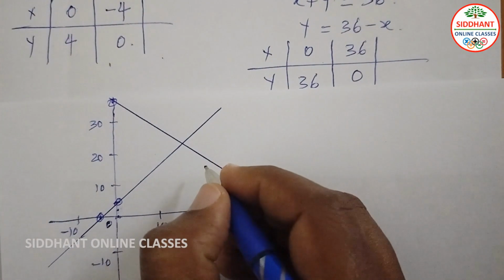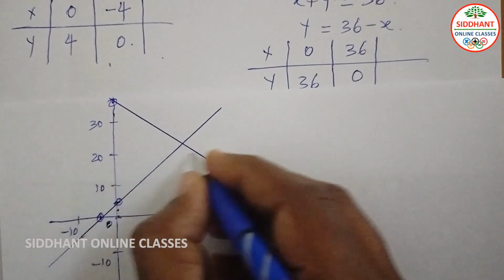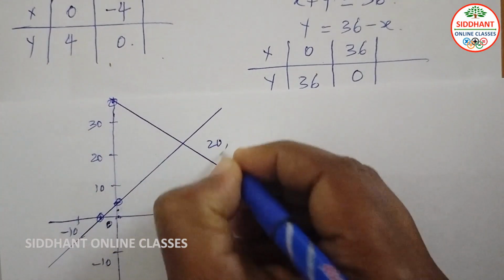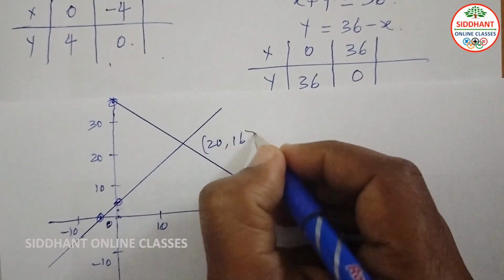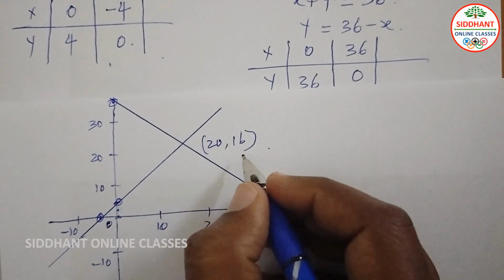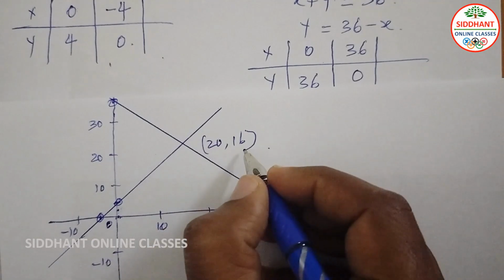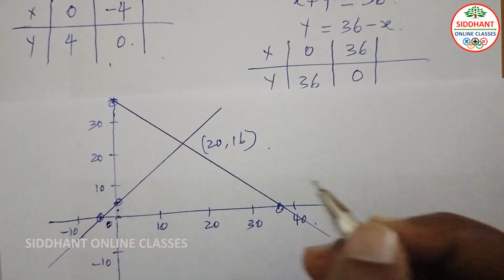So here around 20, 16 we are going to see the points here. X is 20, y is 16 here.